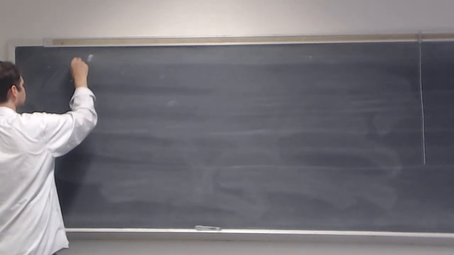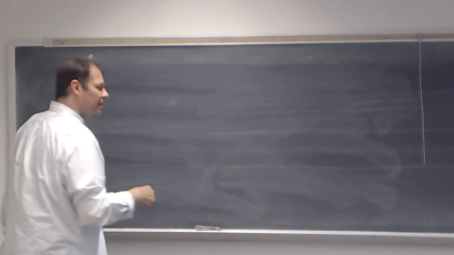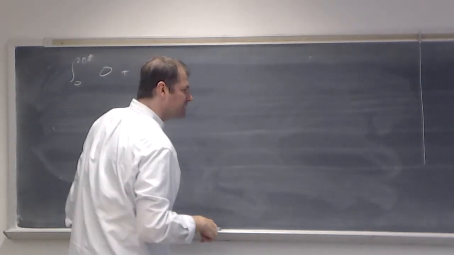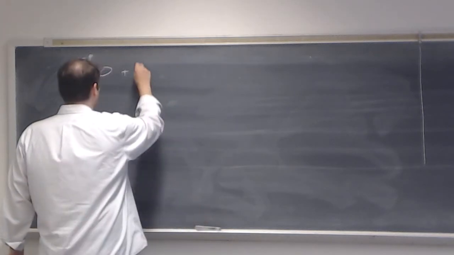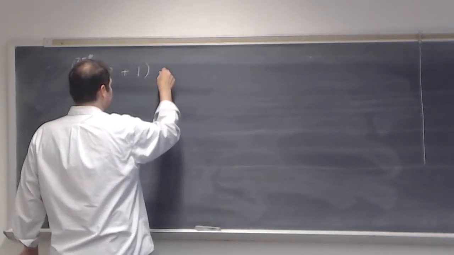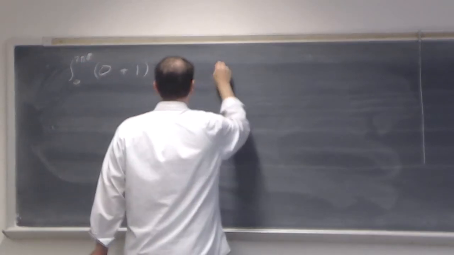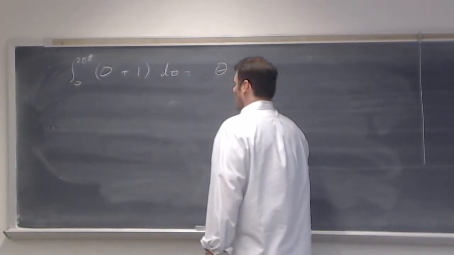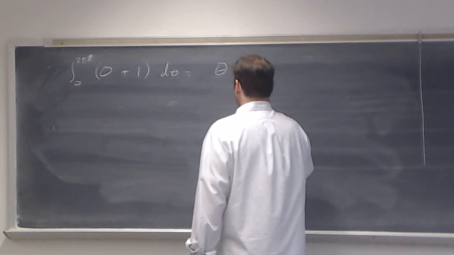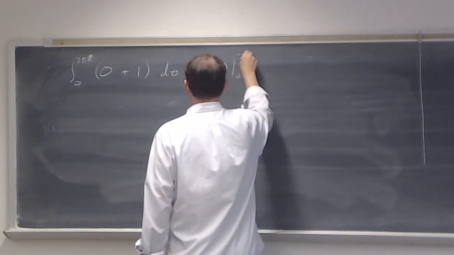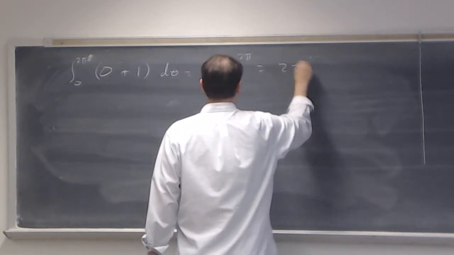So we end up getting the integral from 0 to 2 pi of 0 plus, and when I stick in 0 for r, I would just get 1, and here we have d theta. So this ends up being the integral of d theta, theta evaluated from 0 to 2 pi, which is equal to 2 pi.